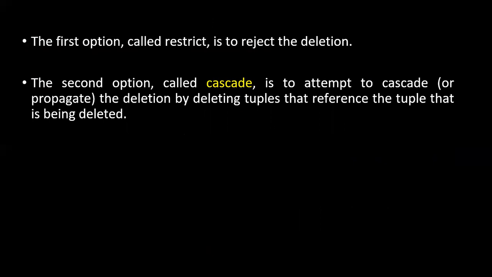So here, cascade. The meaning of cascading here is, assume that there is an employee in the employee table who is working as a manager in the department table. If the employee left the job, or in the employee table itself there is another column, the salary column.